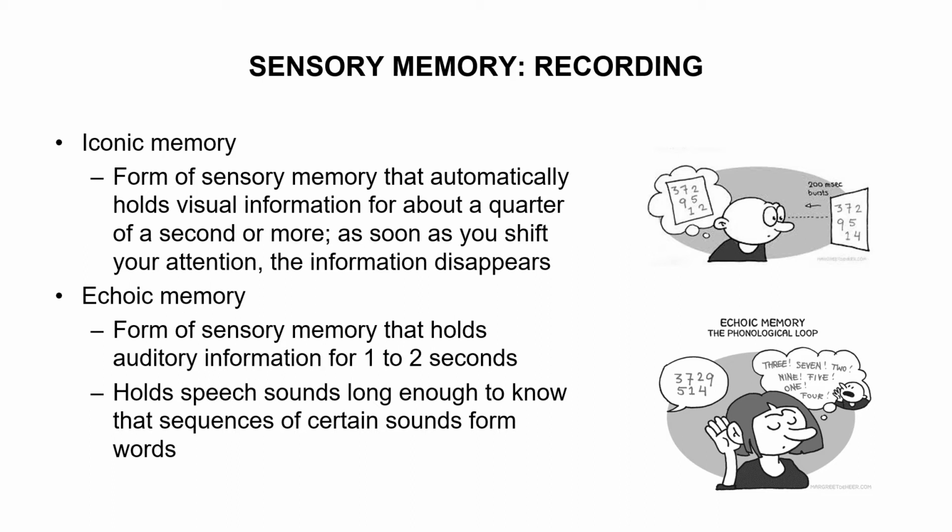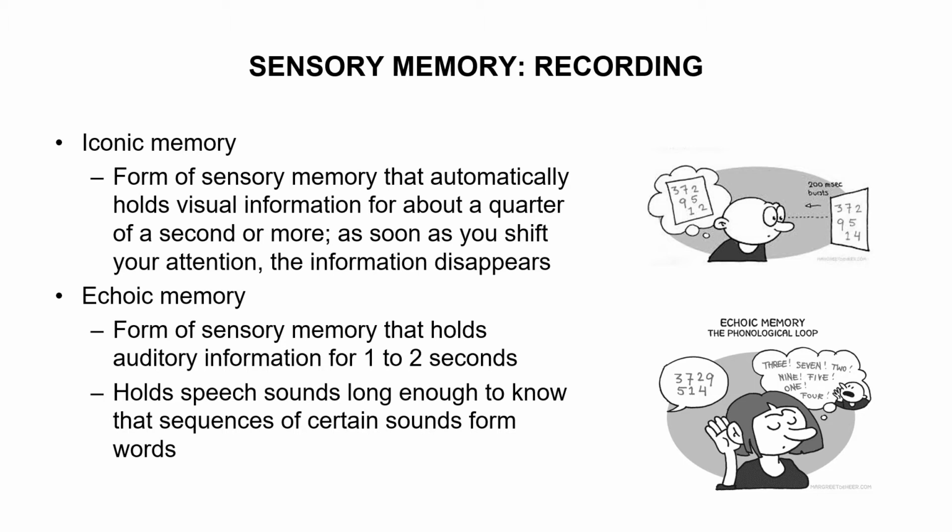Then you have echoic memory, which is auditory memory. And this actually holds information slightly longer than the visual memory. So echoic memory is longer than iconic memory. Echoic memory is about 1 to 2 seconds, sometimes even a little bit more. And really what's going on here is it's holding speech sounds long enough to know that a sequence of certain sounds forms words.